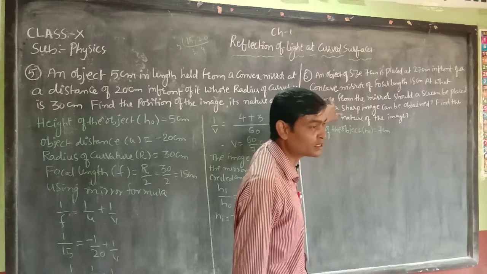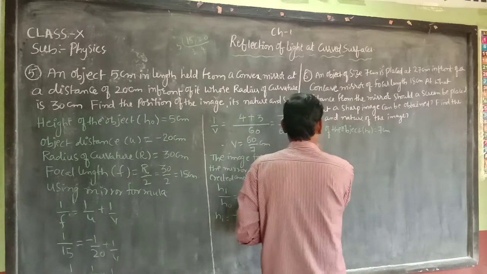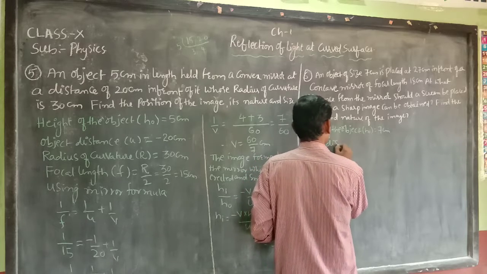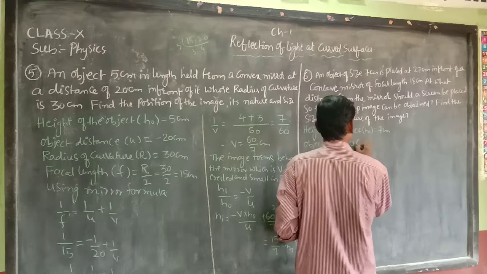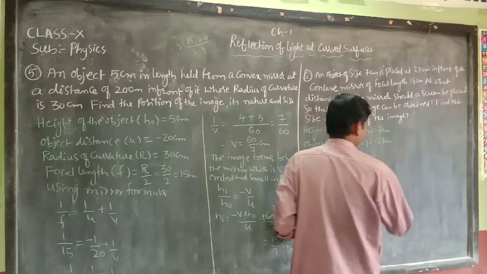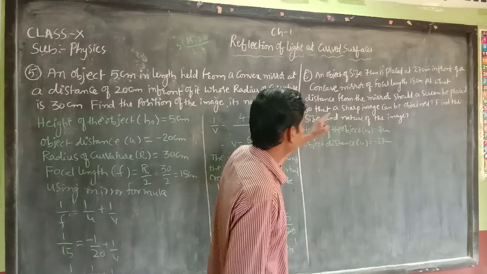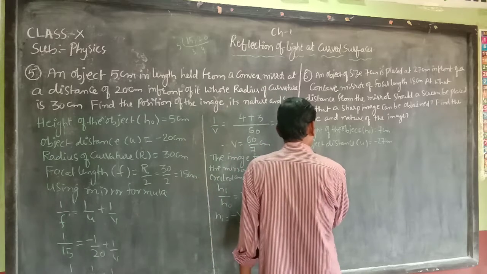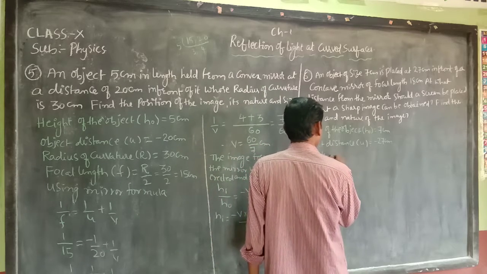Here a concave mirror is considered. So the object distance U is equal to plus 27 or minus 27? Minus 27.